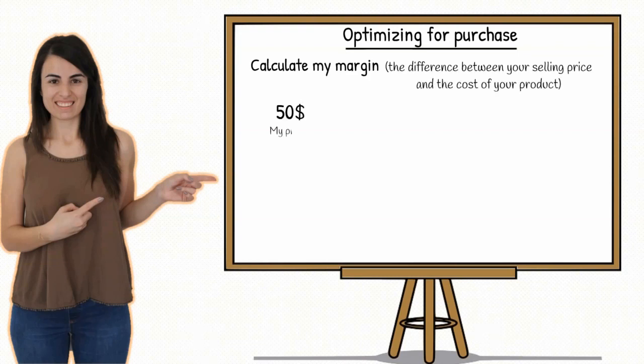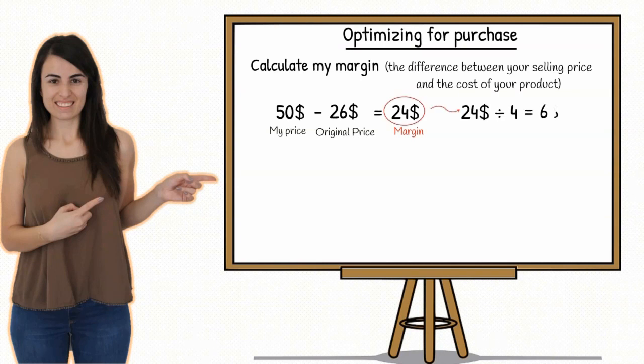If you are selling a product at $50 and it's costing you $26, it means that your margin is $50 minus $26 equal $24. What I would do is to divide this margin by 4, so 24 over 4 is $6. And I create a first ad set and choose $6 for manual bidding.